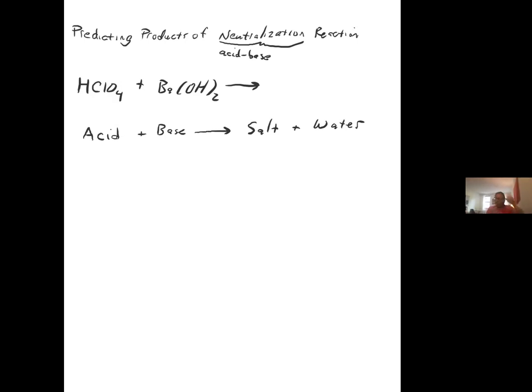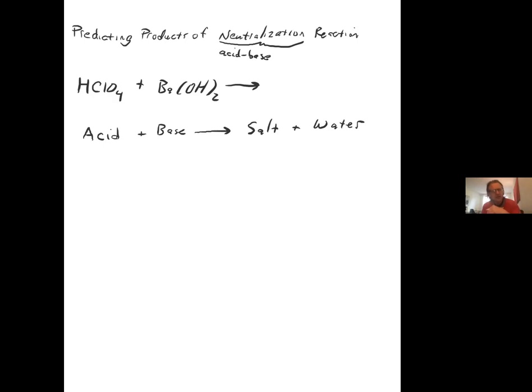When you pour out salt, you're pouring out the product of a neutralization reaction. The acid, hydrochloric acid, and the base, sodium hydroxide, react to form water plus sodium chloride. So sodium chloride is the salt that's formed.